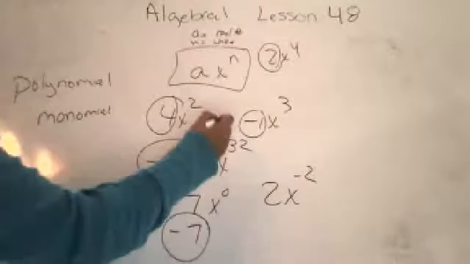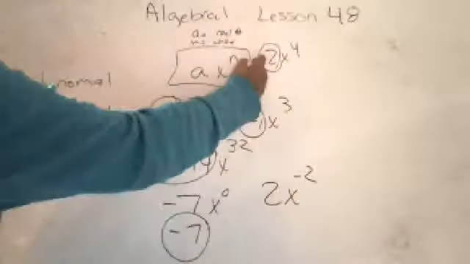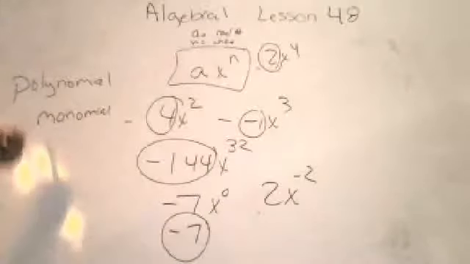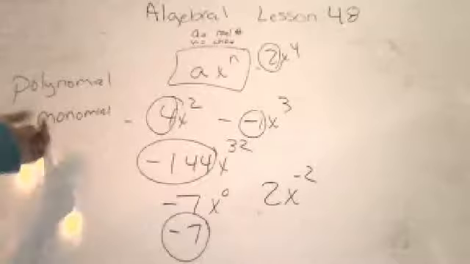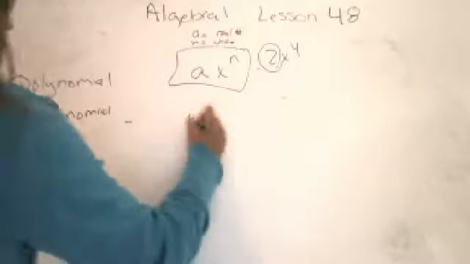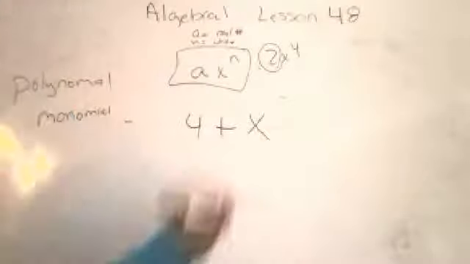All right, so a polynomial of one term is called a monomial. So these, this one, this one, this one, are all called monomials. That's just how we classify that, and it's a polynomial. But monomial, mono means one. There's one term. Okay? If you have two terms, so if I have 4 plus x, remember what is a term?